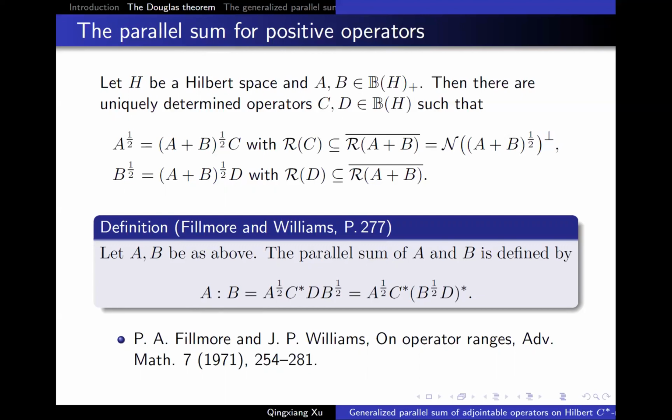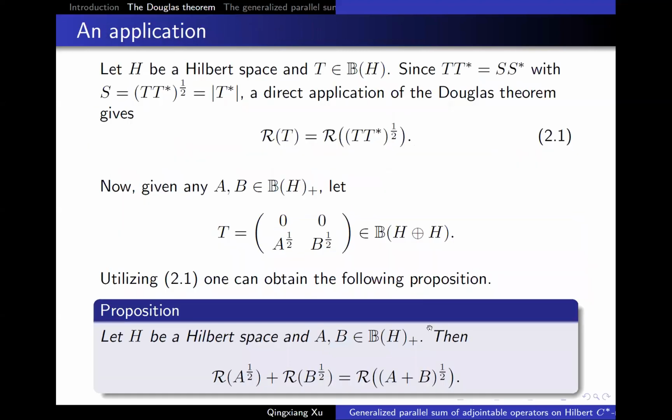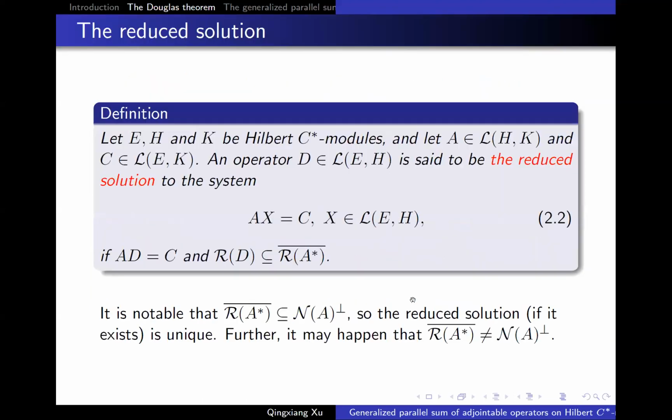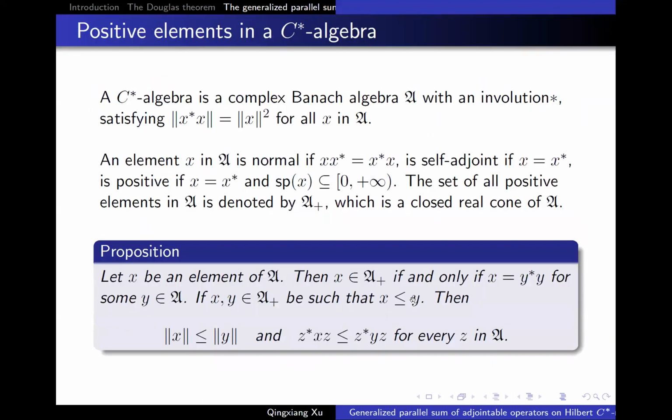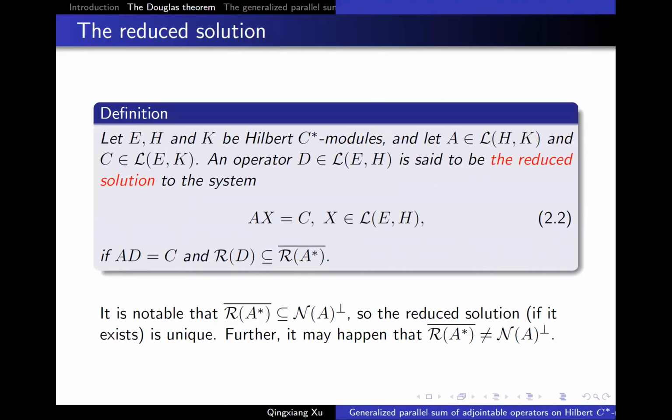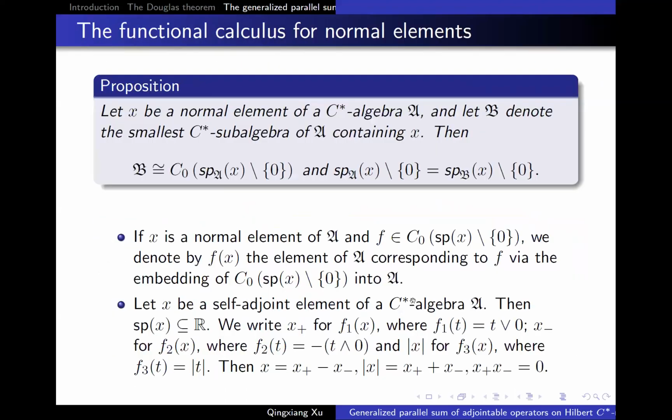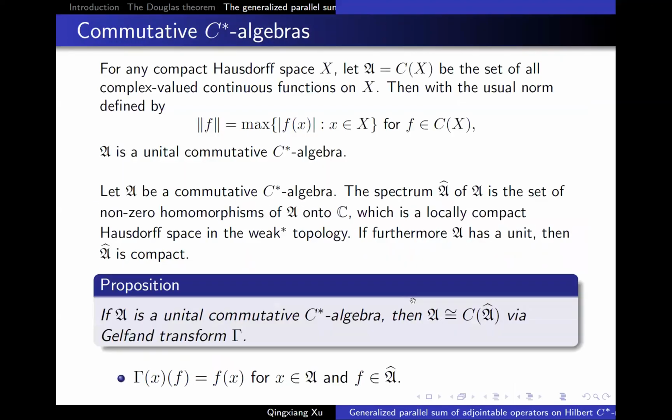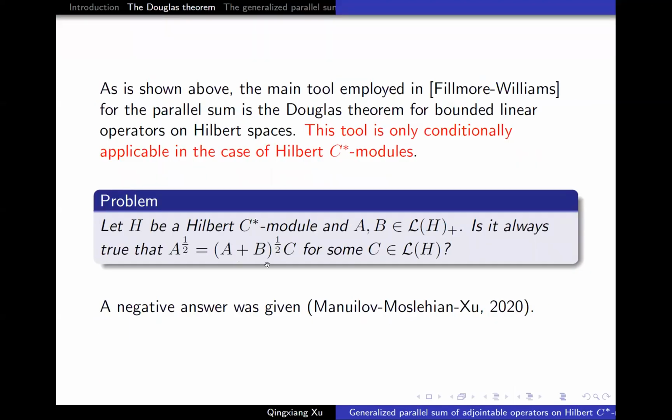Now, naturally, we want to make some generalizations. For example, how to generalize their result to the case of Hilbert modules. So one thing we need to consider is this equation. So as it shows, the main tool employed by Fillmore and Williams for the parallel sum is the Douglas theorem.